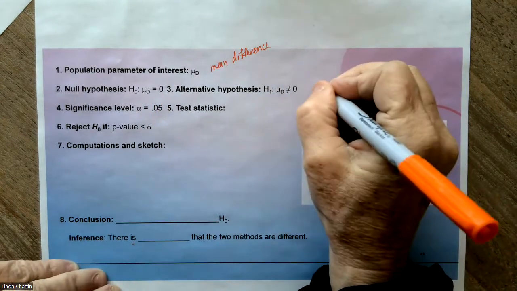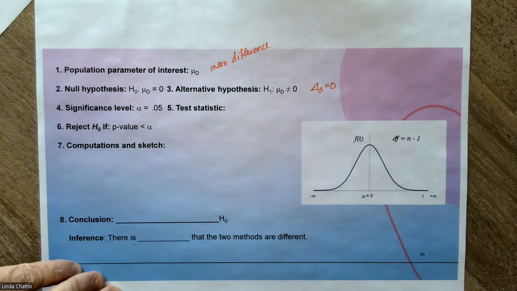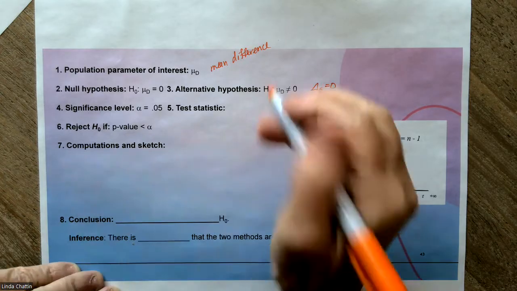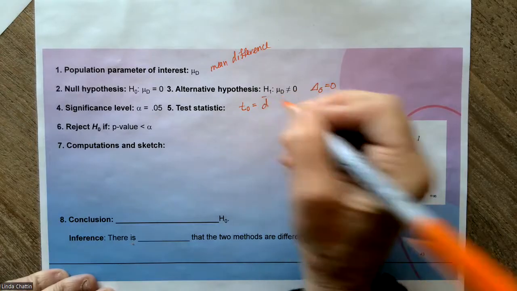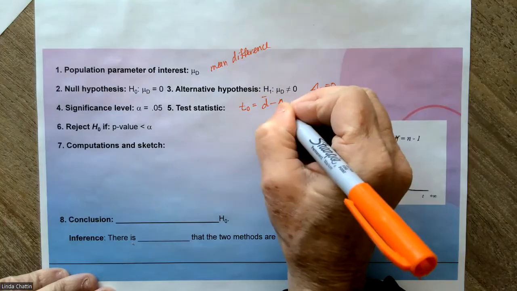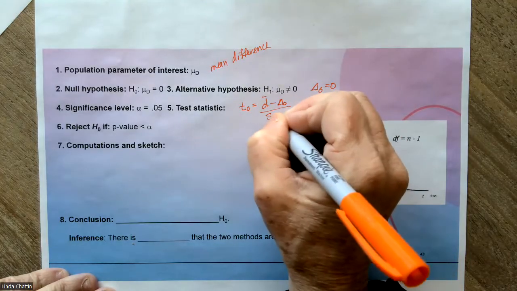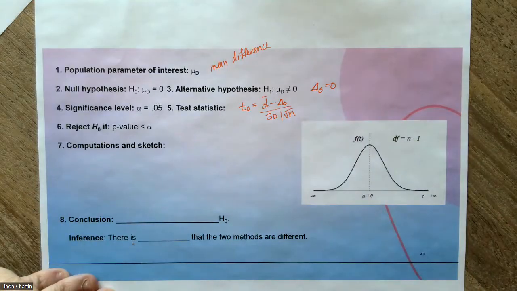So they have identified here for me that delta naught is equal to 0. They also said, please use a probability of type 1 error of 0.05. And my test statistic is going to be this t-naught test statistic, where I'm going to take the average difference minus delta naught, which is going to be 0, over the standard deviation of the difference divided by the square root of the sample size. And we're going to reject if the p-value is less than alpha.